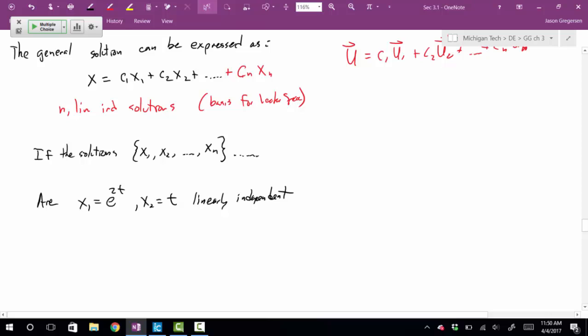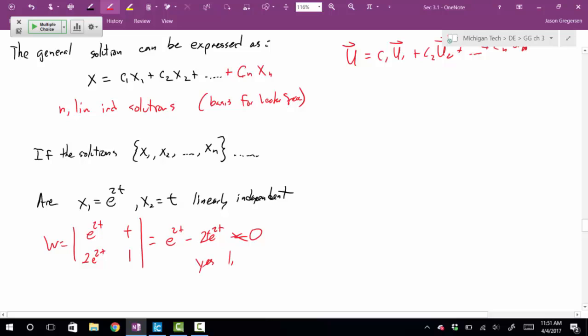To check to see if they're linearly independent, I form my Wronskian, which in this case was like x1 and then the derivative of x1. I needed that derivative to get that second row of this Wronskian, right? Over here I had t, the derivative gives me 1. I do the calculation, e to the 2t minus 2e to the 2t, right? Which is not identically equal to 0.